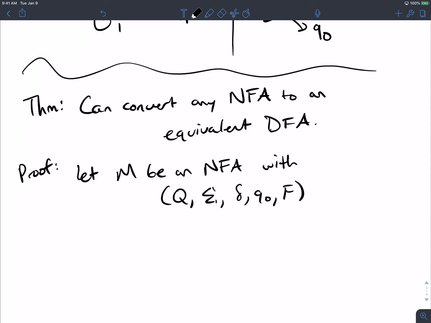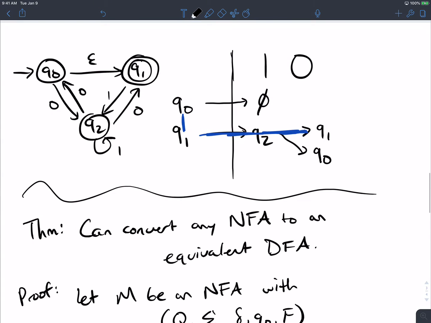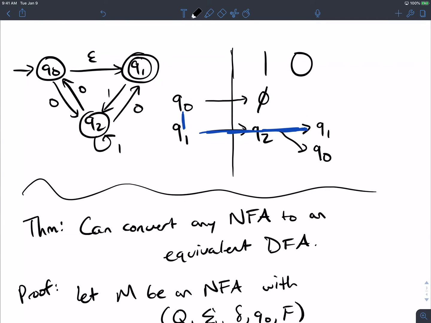So no problem. Here we have an NFA right here. I want to make a DFA out of this thing. Well, let's see. At each point in our simulation here, could we possibly be in no states at a given point of the NFA?